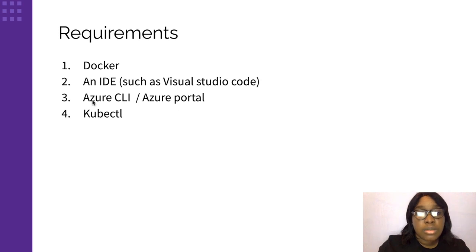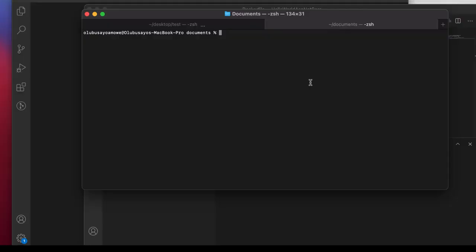Then Azure CLI can be installed on your PC, so you can use Azure CLI from a terminal, or you can use the CLI on portal.azure, either way. Then I'm going to be using kubectl to run my Kubernetes commands. So we'll go to the demo now.